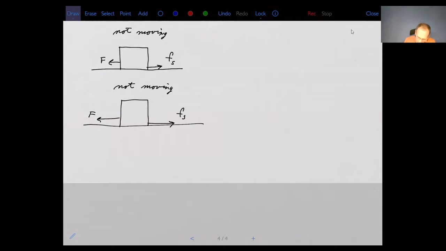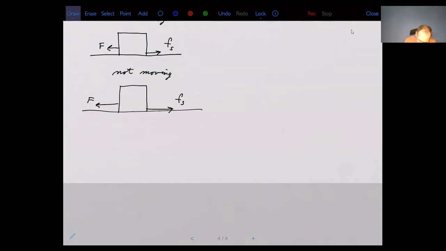And you can keep doing this until the object is on the verge of motion. So let's say I pull really hard now to the right with the force F. Then again, there's a static frictional force resisting it because it's still not moving, although it's right on the verge of motion.